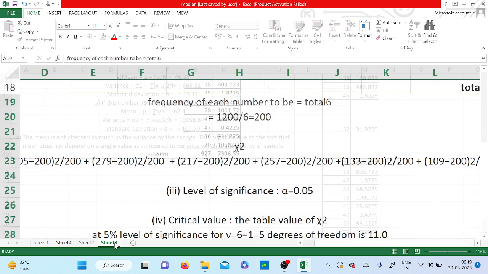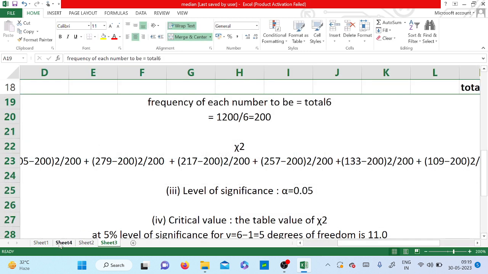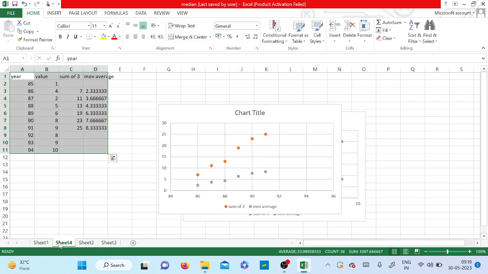And lastly, there is one math problem for moving average. On the left-hand side is given the year, and these are the values. This is simplified for understanding.